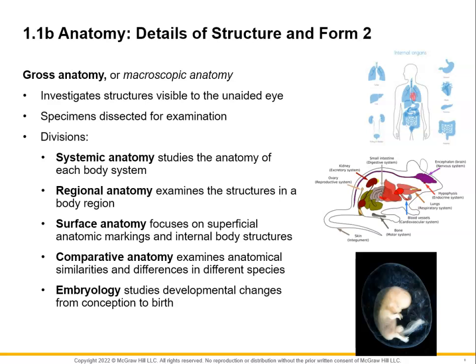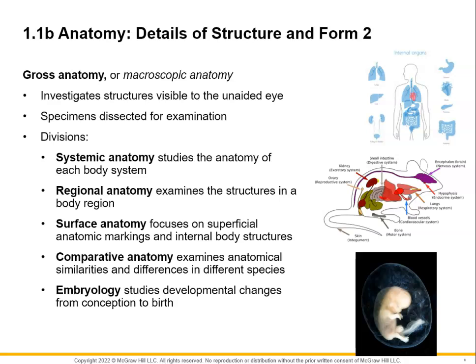All of those are gross anatomy. Very often specimens will be dissected for examination so that we can see the internal organs and the internal pieces, anatomy, right? In addition to that, we can divide even gross anatomy into smaller categories.